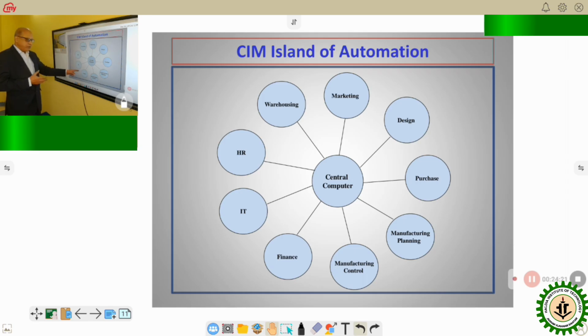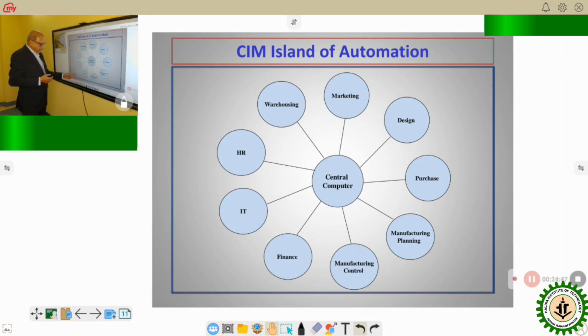Finance, because without money it is not possible to do any work. Since we rely on data communication and the network, IT has to be there. It is all about the human and machine, so the HR part will be there. After completion, the product should be transported to the warehouse. And marketing people are basically the interface between the customer and the organization.